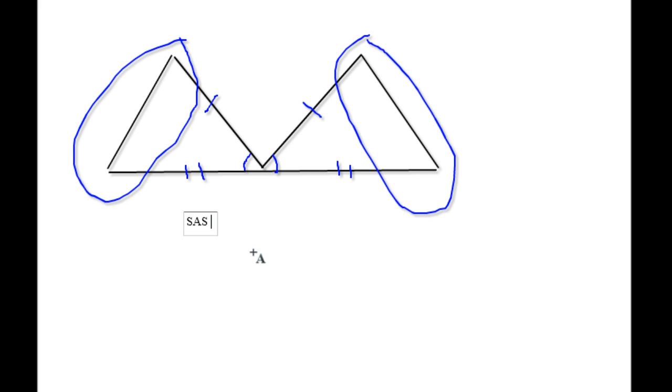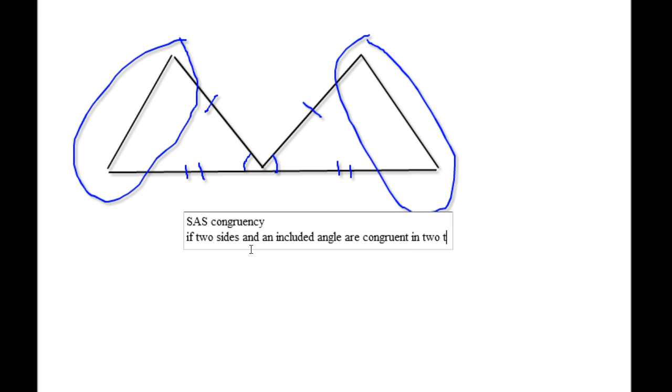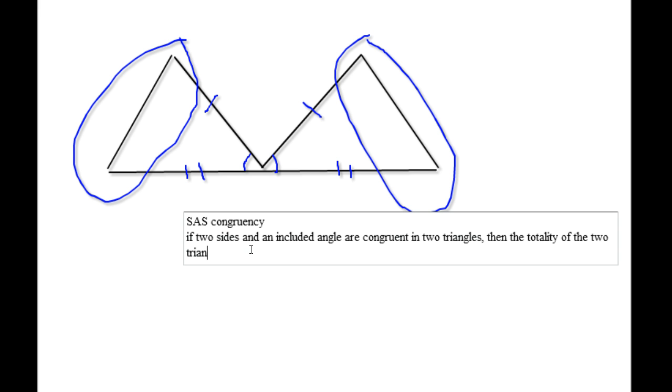So SAS congruency means that if two sides and an included angle are congruent in two triangles, then the totality of the two triangles are also congruent.